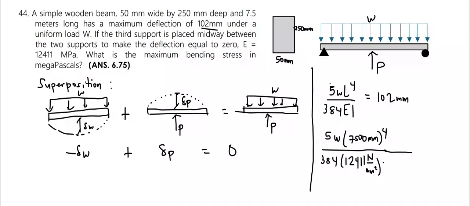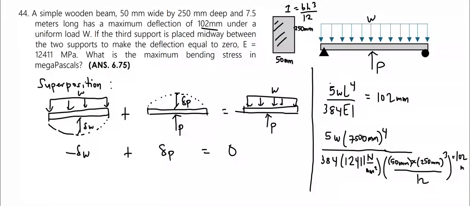For the inertia of a rectangular section, it is given by the formula BH cubed divided by 12, where B is the base and H is the height. So we have a base of 50 millimeters multiplied by the height of 250 millimeters cubed all over 12, and this is equal to 102 millimeters.